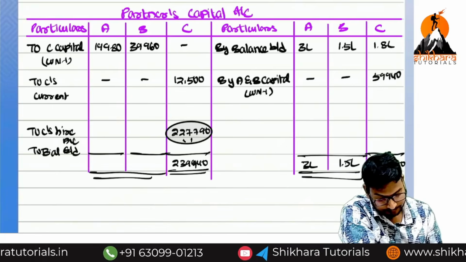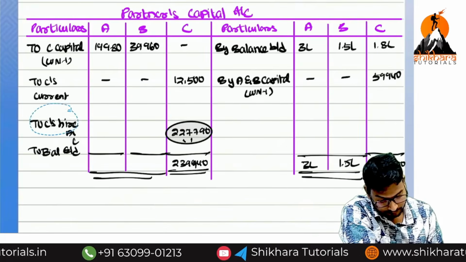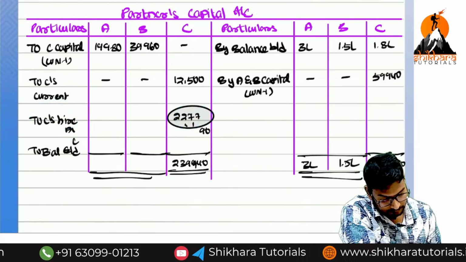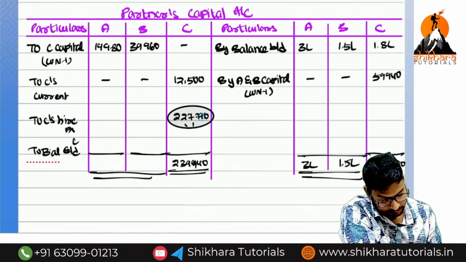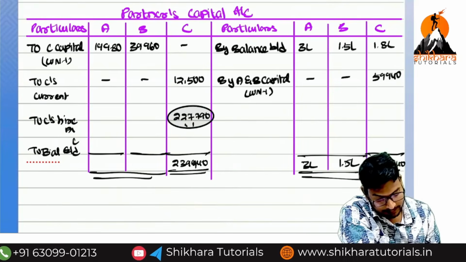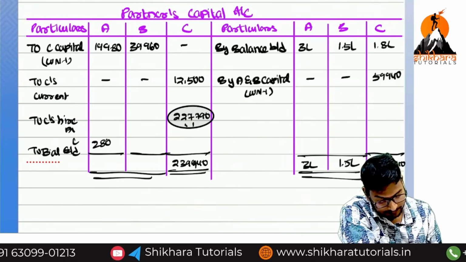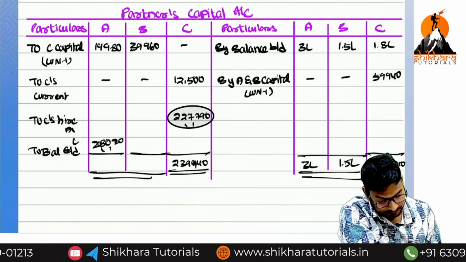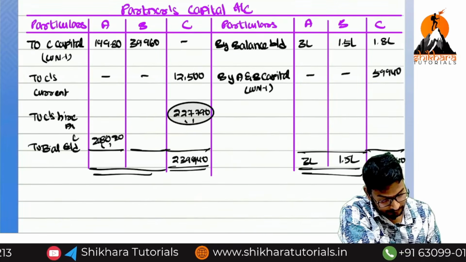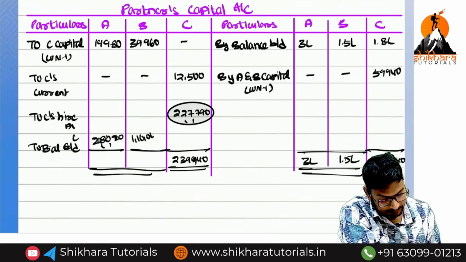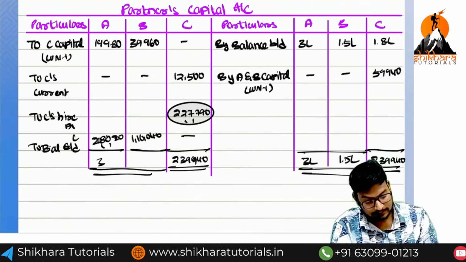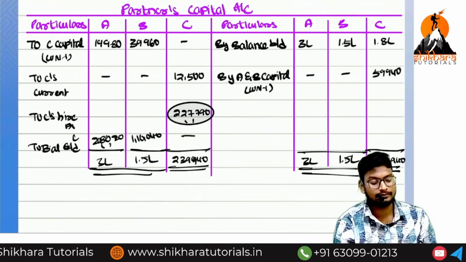How much? A, 2,80,000. 20. 1,10,000. 40. Okay. So 3 lakhs and 1.5 lakhs. Completed.